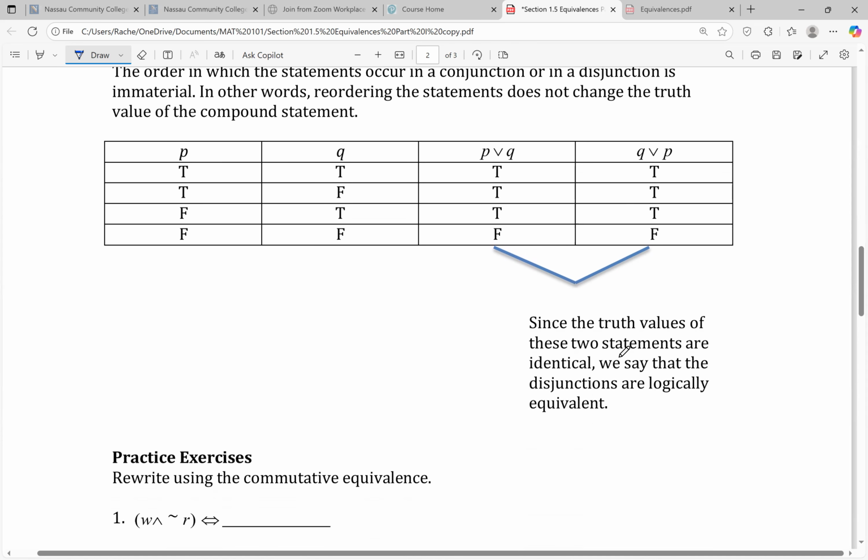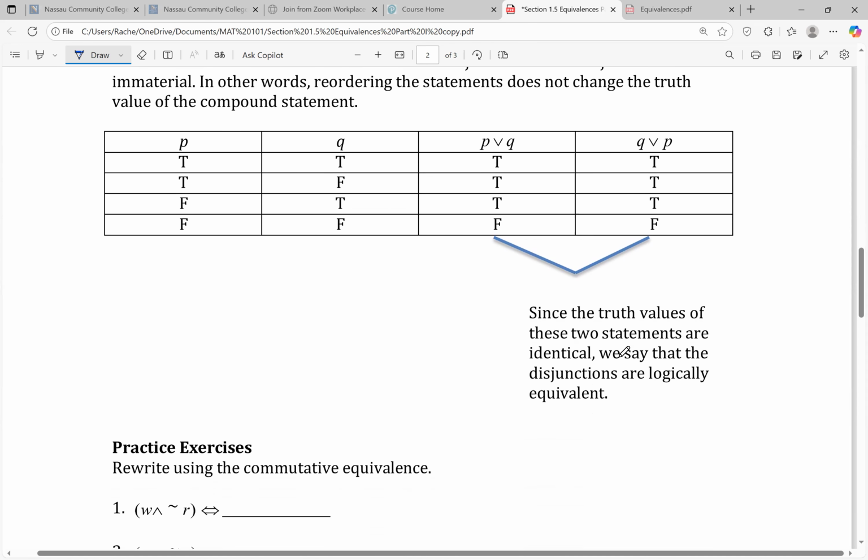And we could see that here in this table. This is a truth table for P or Q and Q or P. Here are the different truth values for P and for Q, right? The different truth combinations. And then if we were to look at P or Q, we get true, true, true, false.